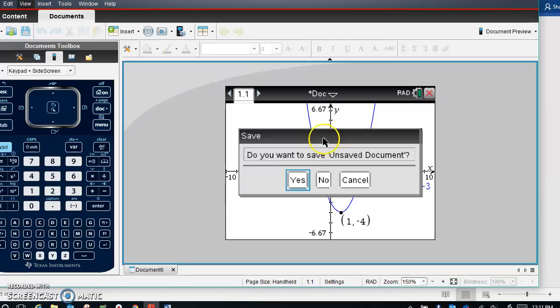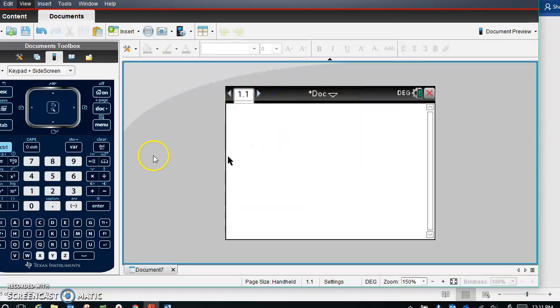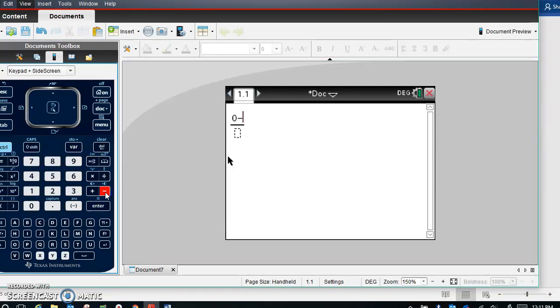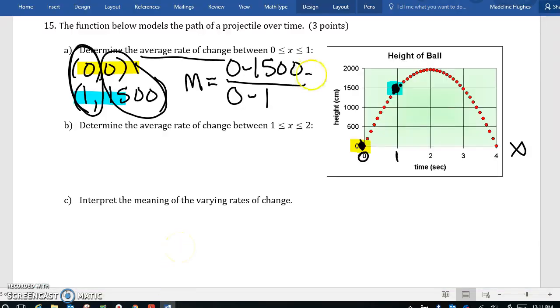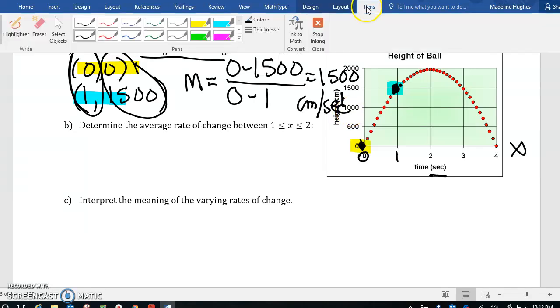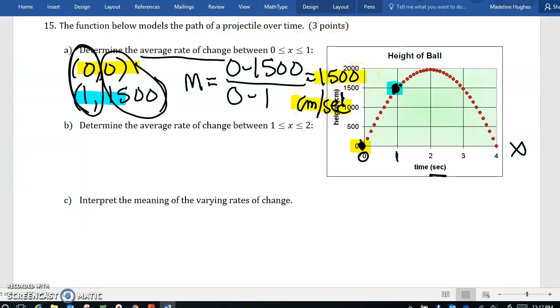I'm going to go to the calculator and write a fraction: 0 minus 1,500 over 0 minus 1. Enter, and we get 1,500. Back over here, this is equal to 1,500. And our label here is centimeters per second. So that is our answer, 1,500 centimeters per second.